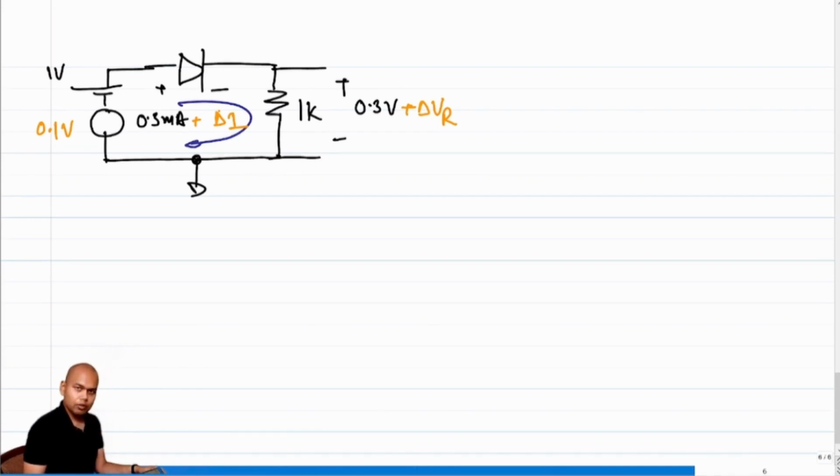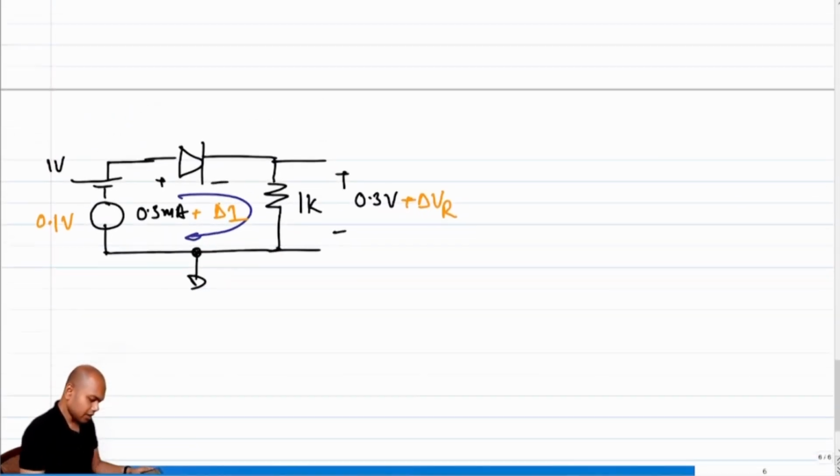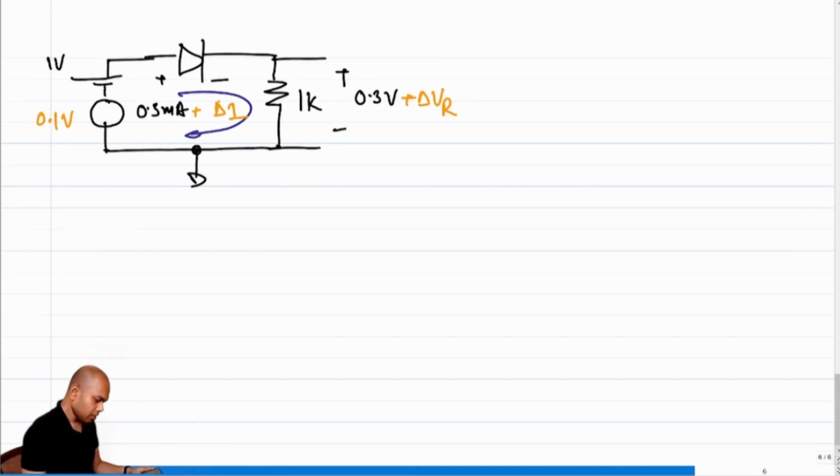We now need to know the conditions under the orange inputs, and for that we need to sketch the incremental equivalent. We replace all the elements with the incremental equivalent. Let's start from the left. What is the incremental equivalent of the DC 1 volt battery? It is a short circuit, correct?